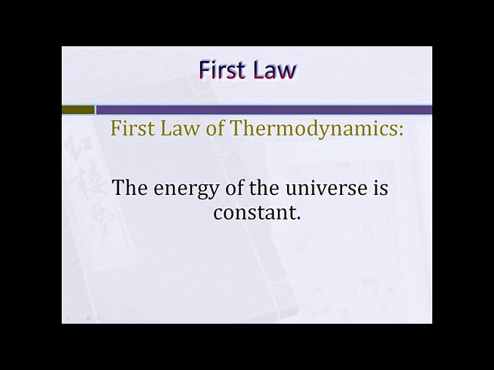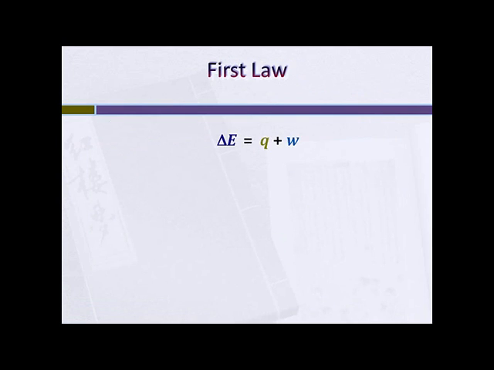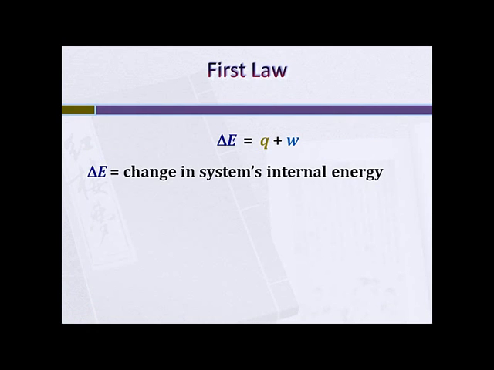Thermodynamics. We turn this around and state these as laws. The first law of thermodynamics is that the energy of the universe is constant. That is, the change in energy is Q plus W, or heat flow plus work.